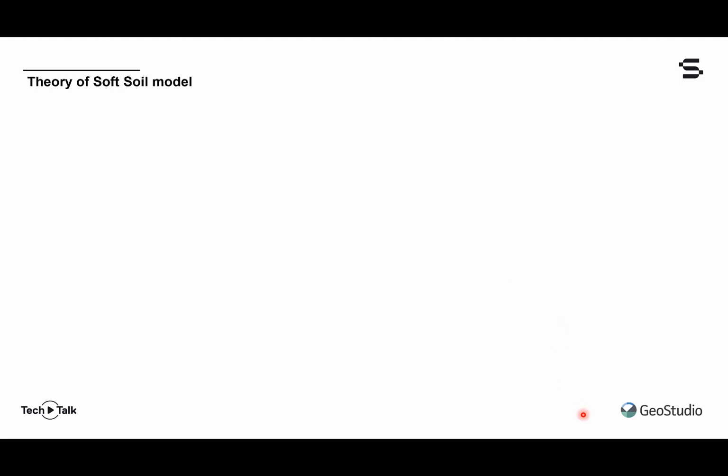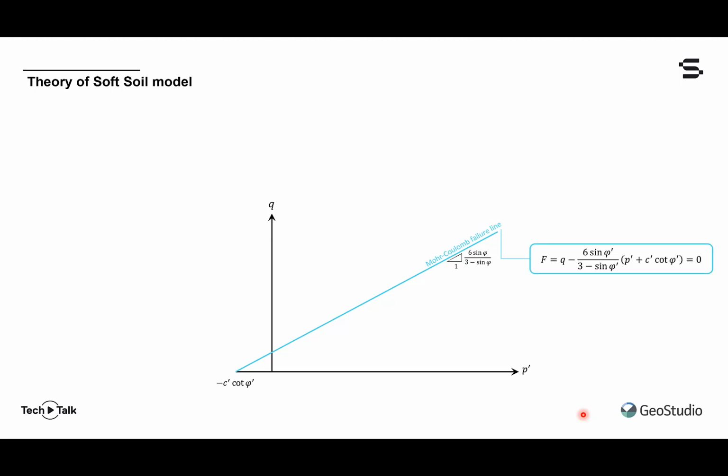Before going into the demonstration on parameterization, it's helpful to consider some other aspects of the soft soil model. First, the soft soil material model is a critical state-based constitutive model, so different stress paths eventually tend towards a failure line, shown here in q-p space. The failure criterion adopted by the soft soil model is that of the Mohr-Coulomb failure law, at least in triaxial stress space.